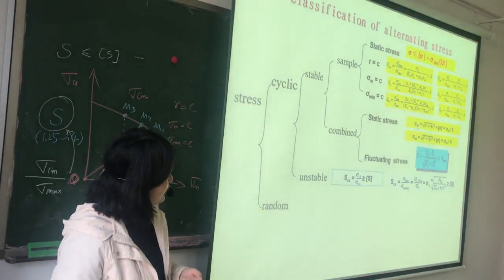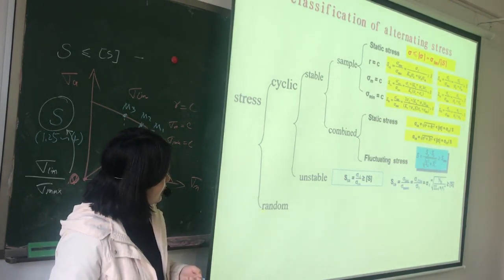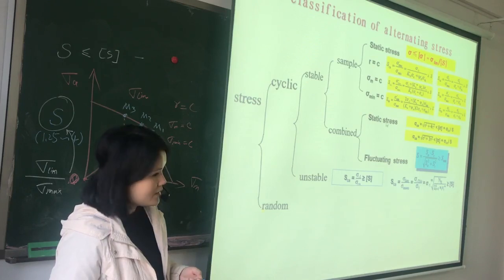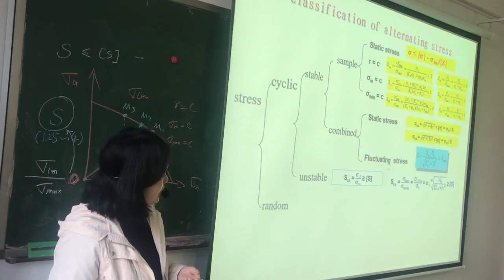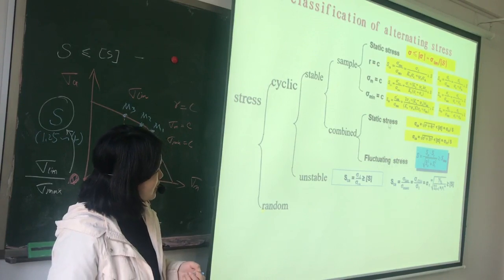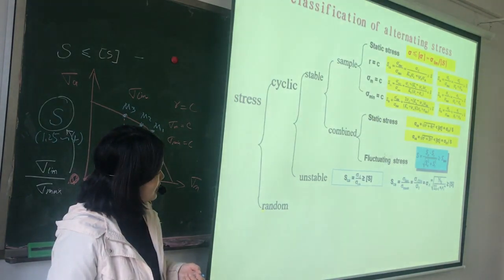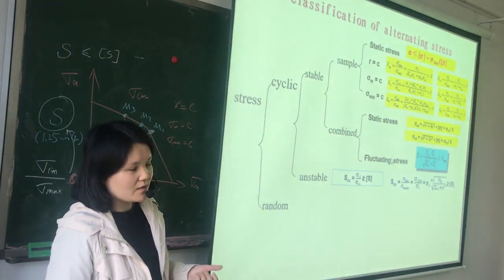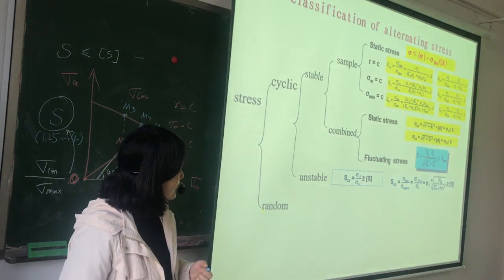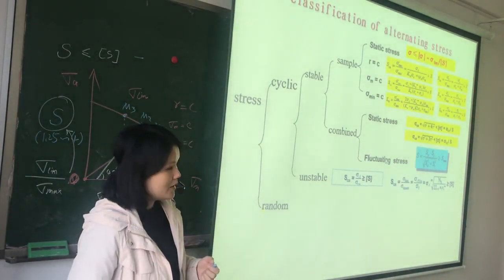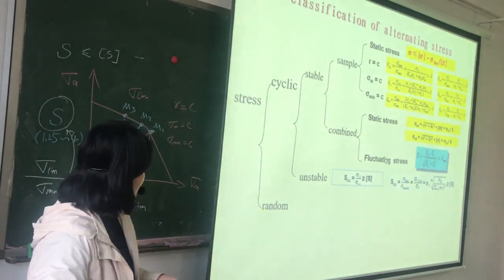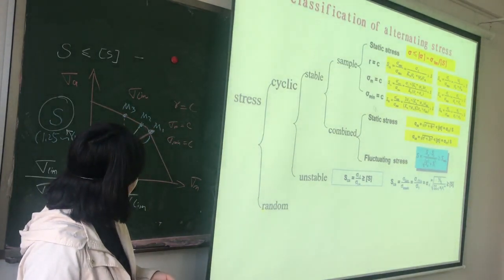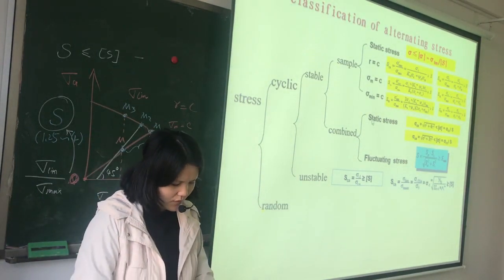The first two equations are for static stress, and this is for fluctuating stress, meaning the tensile stress and the shear stress are fluctuating. Use this to calculate.